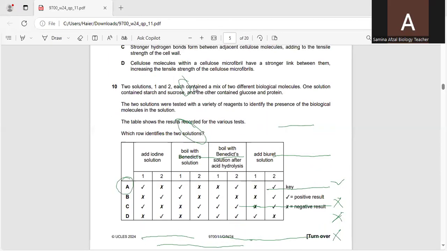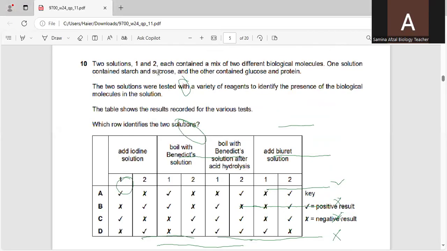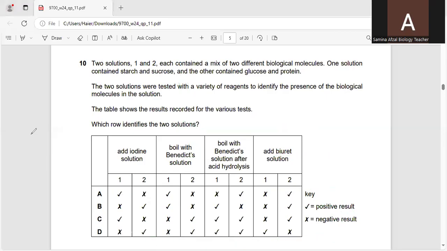Now we are moving towards the next question, and the next question is 10. Two solutions, 1 and 2, each contain a mix of two different biological molecules. One solution contains starch and sucrose, and the other contains glucose and protein.